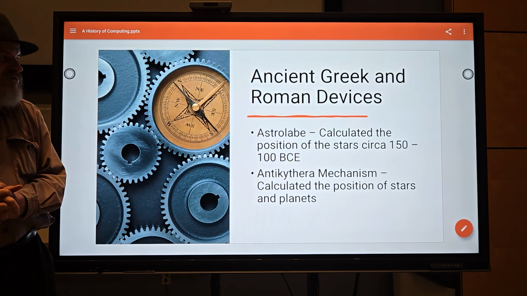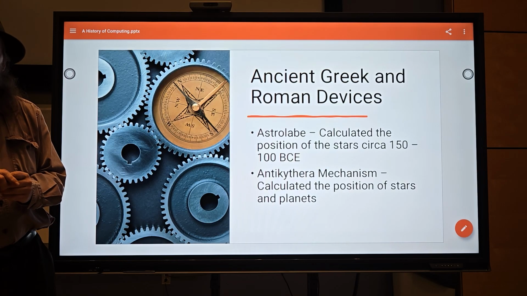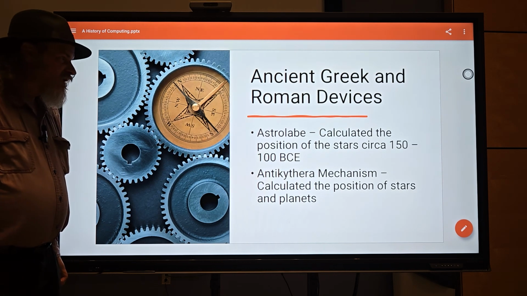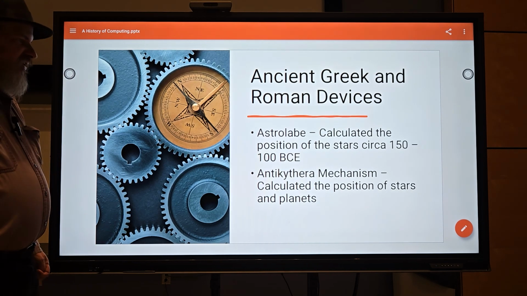So calculating the movement of stars and planets and stuff was an early fascination by civilizations around the world. Fascinated by the night sky.